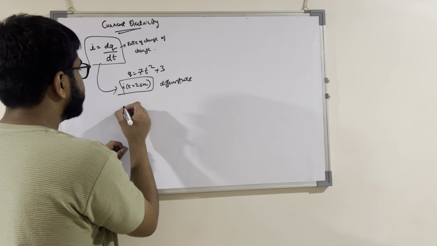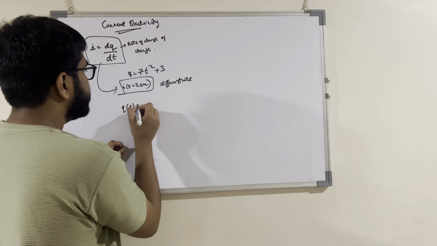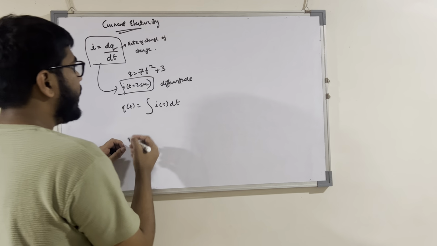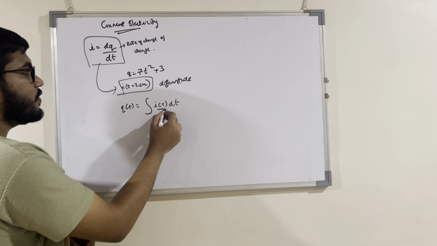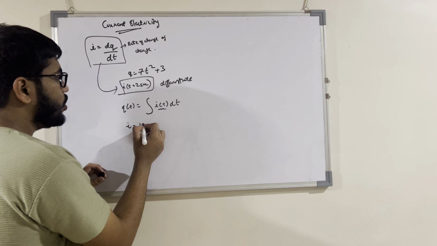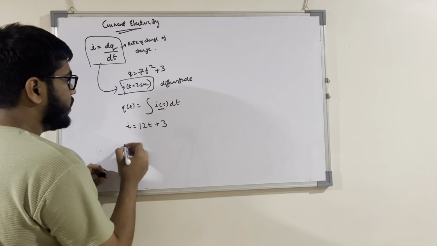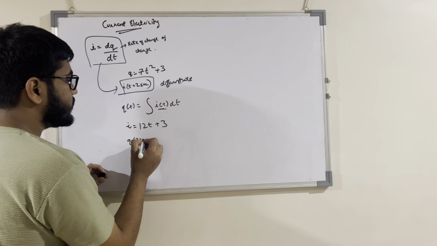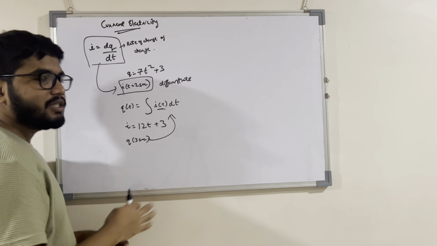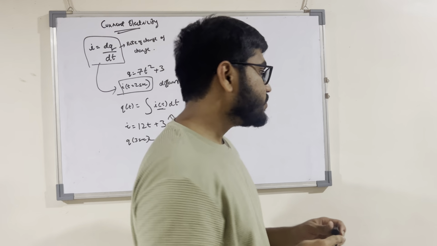Another thing is it could also be that q(t) is the integral of I(t) times dt, right? And they could give you some equation of t like I is equal to 12t plus 3, find q at 3 seconds, right? Then you have to use this integral formula. So these are some of the very basic questions which appear in NEET.